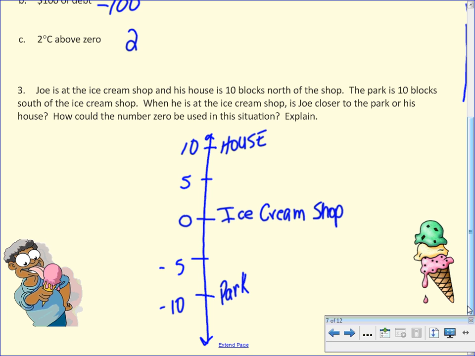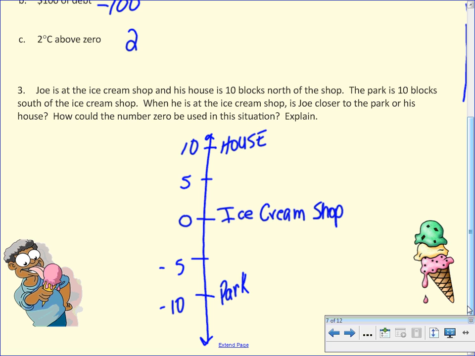What's closer, going home or going to the park? They're both the same distance away from the ice cream shop. They're both 10 units or 10 blocks away from where he is. So what can we say about the house and the park because they're both 10 blocks away? Right, the house and the park are opposites because they're both the same distance from 0.